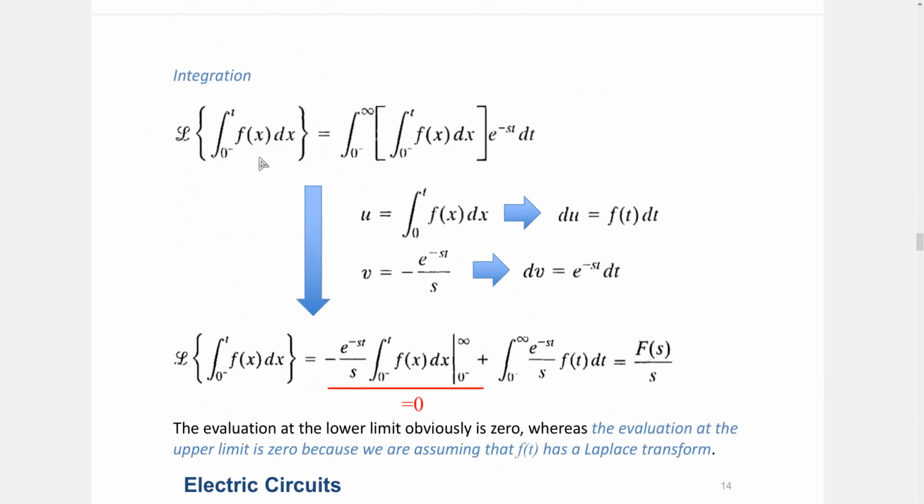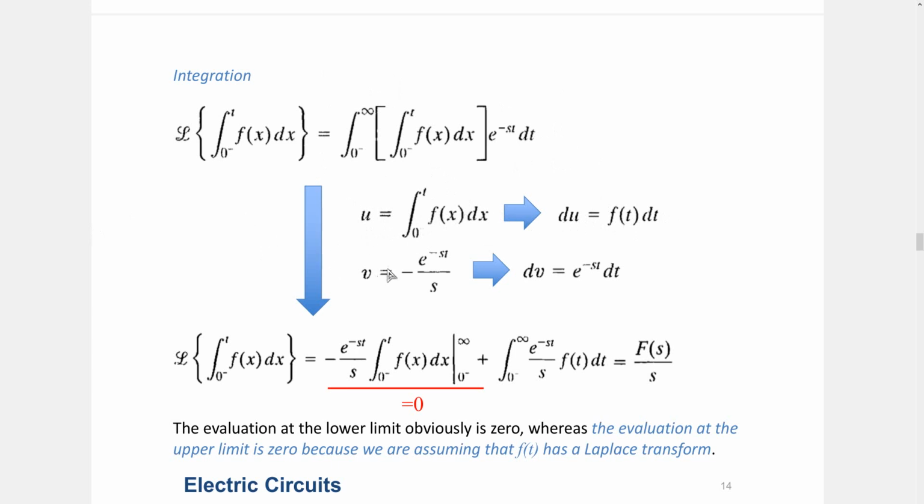If you have an integral, you can also take the Laplace transform of it. For instance, the integral of f(x)dx from 0 to t. Since it's a linear operator, we can simply put this into the Laplace definition. As you can see, this is our function, and e to the minus st dt defines the Laplace transform. If we make a variable substitution by defining u equals the integral from 0 to t of f(x)dx, then du should be f(t)dt, right?